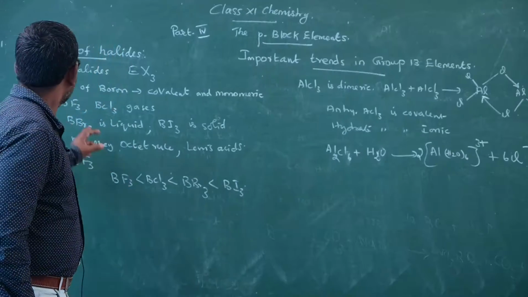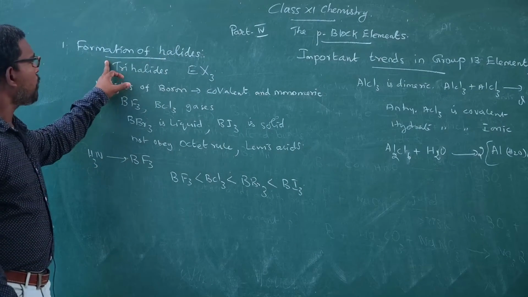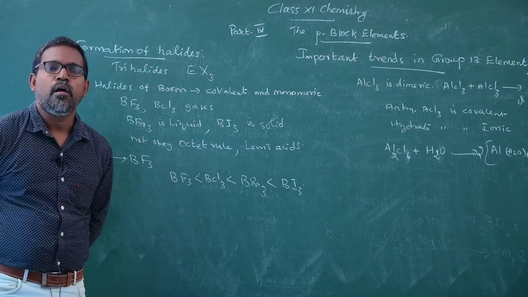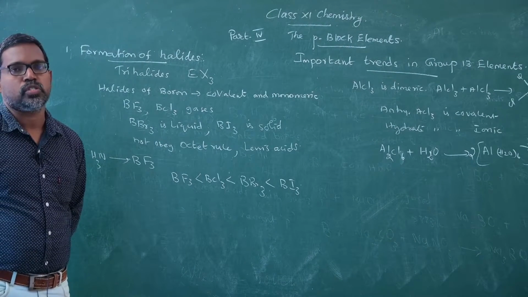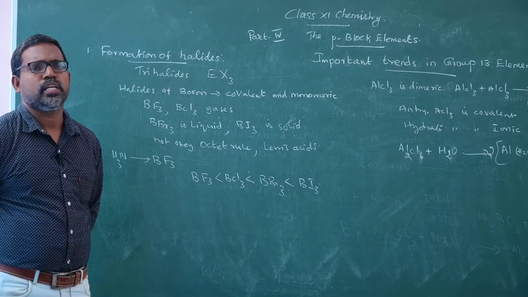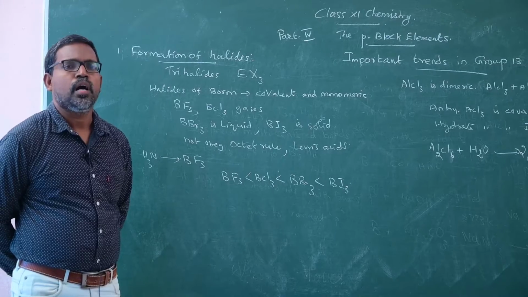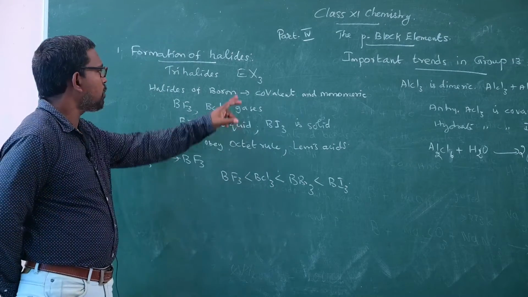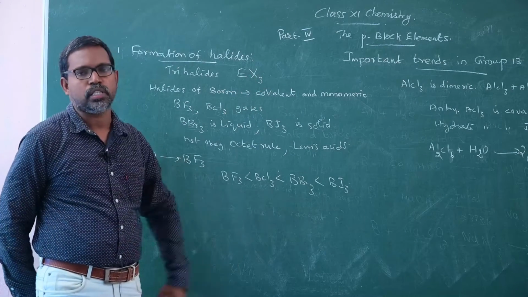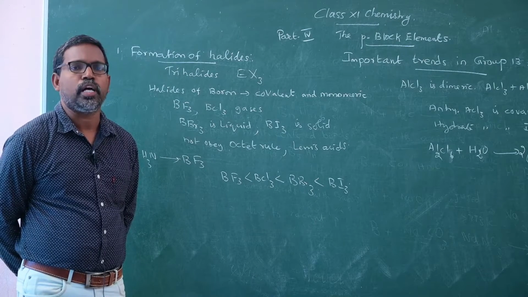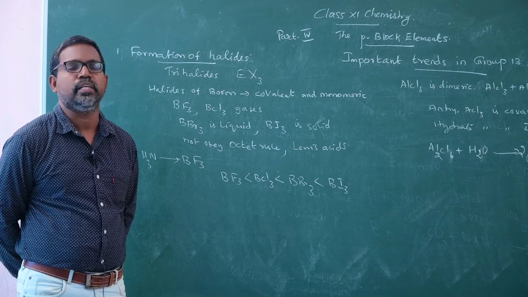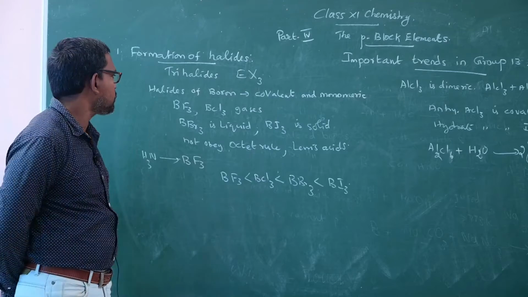The second trend is the formation of halides. All the boron group elements readily combine with halogens to form halides of general formula EX3. For example, boron trifluoride, boron trichloride, boron tribromide, and boron triiodide.